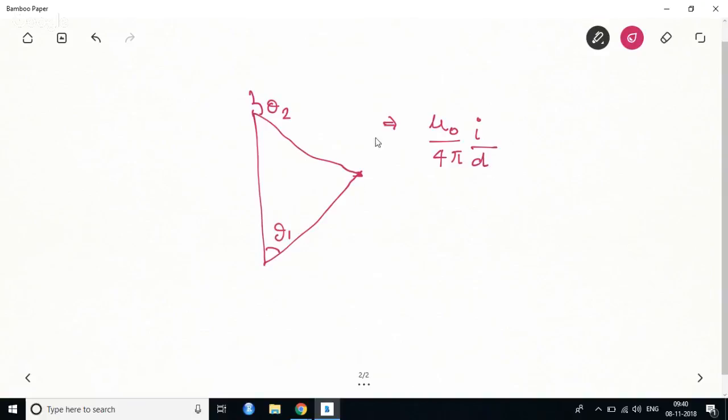And what is d? d is the perpendicular distance of this particular point P. Suppose this is point P, here is the direction of the current, and remember, d is the perpendicular distance. d is not this distance or anything.